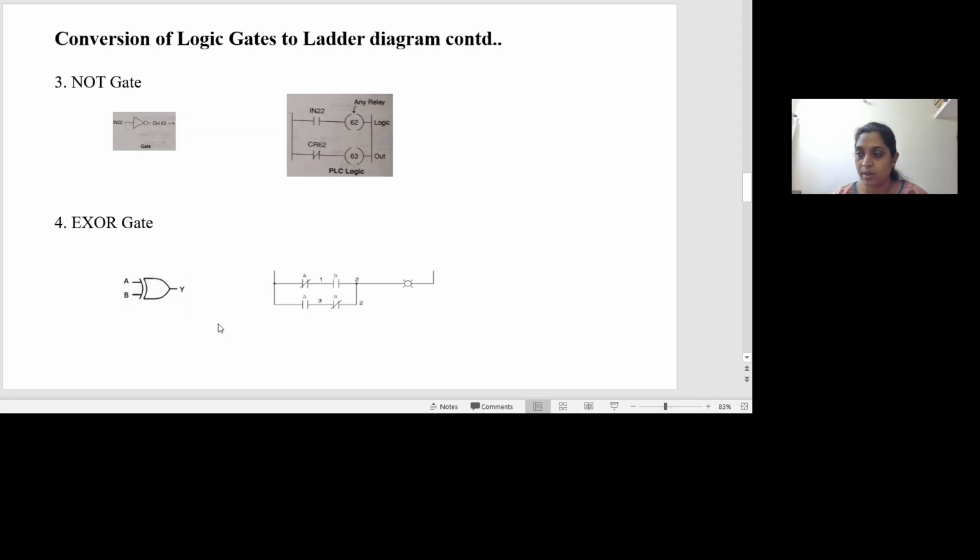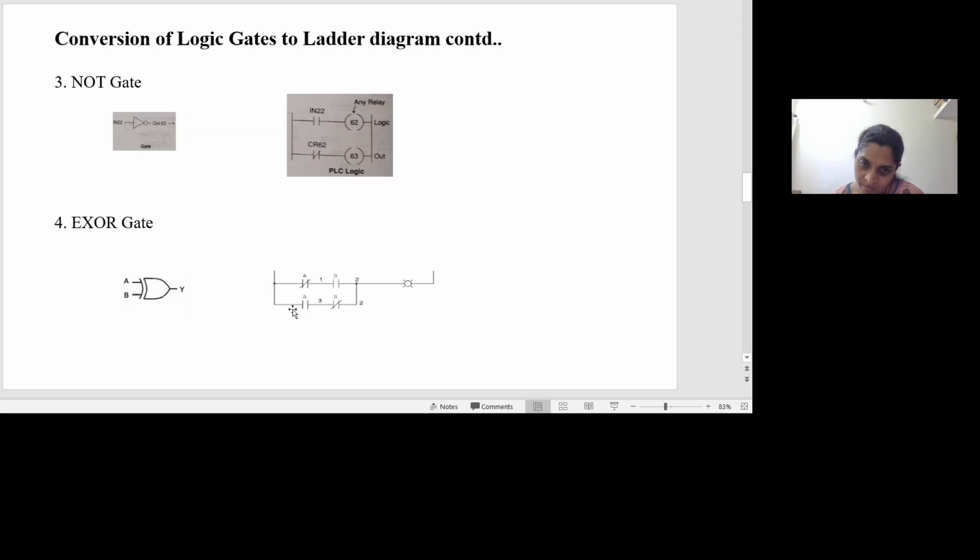Here plus represents an OR operation. OR means the contact inputs have to be connected in parallel. Then we have A dot B bar. That is an AND operation, so the inputs A and B bar of an AND gate have to be connected in series.